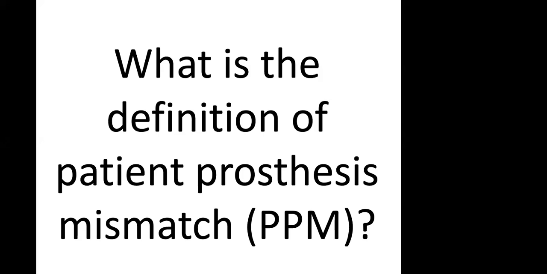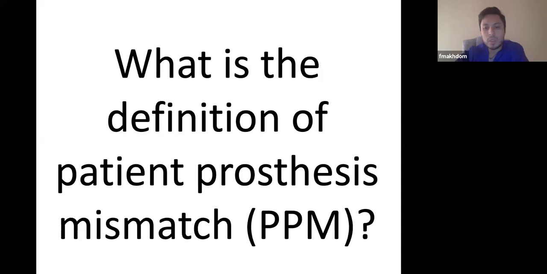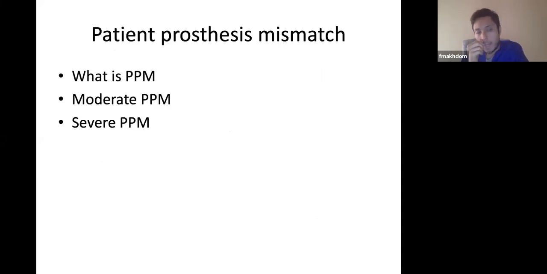If it is less than 0.65, it will be severe. If it is more than 0.85, it will be mild. So patient prosthesis mismatch: indexed effective orifice area less than 0.85 is moderate, less than 0.65 is severe. So how do you avoid that?